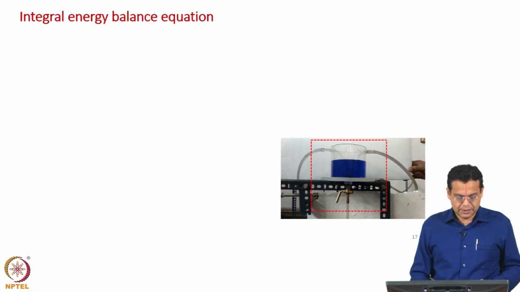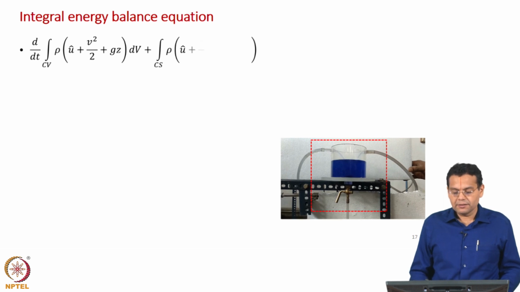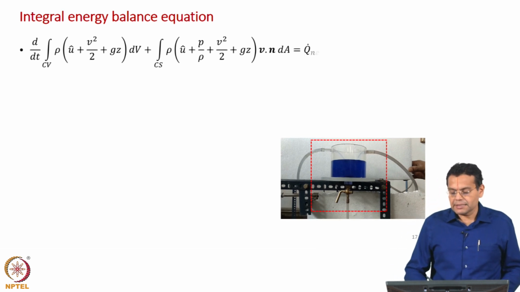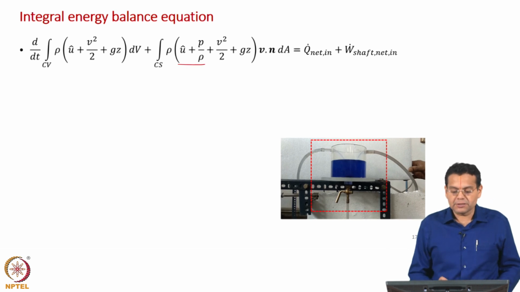Now, let us proceed further. Let us rewrite the equation written in the last slide. Now, what we are going to do is express the sum of these two terms as enthalpy.